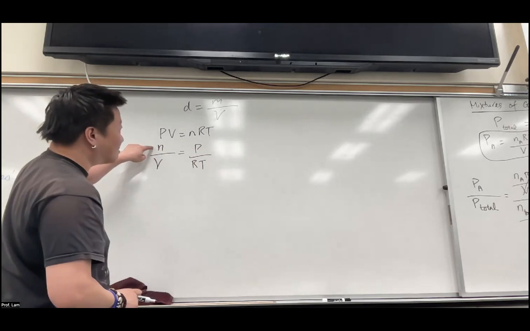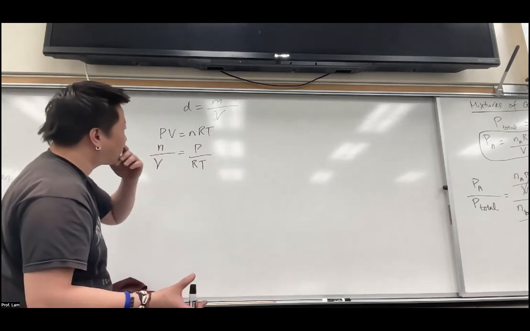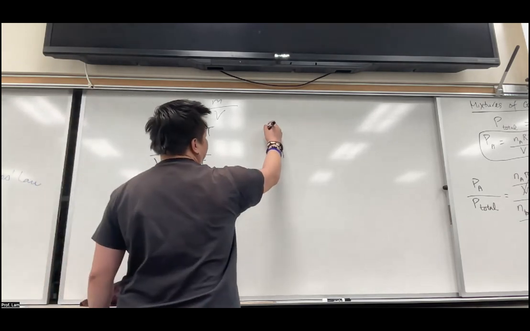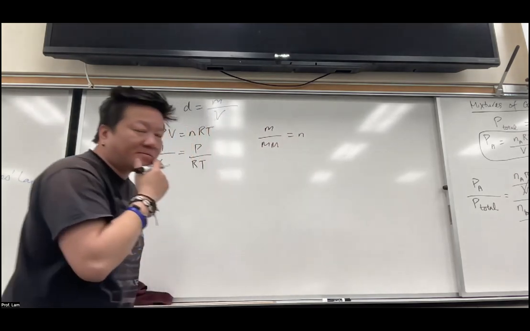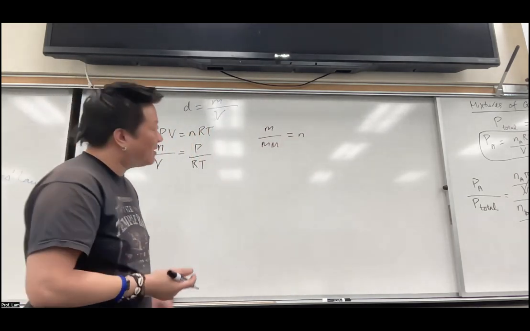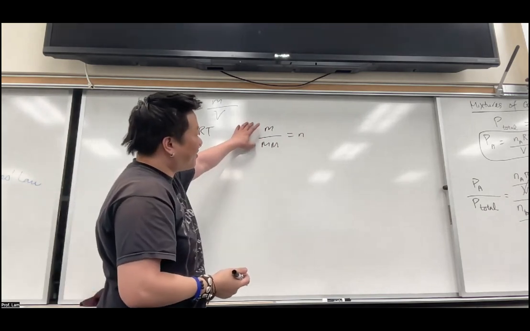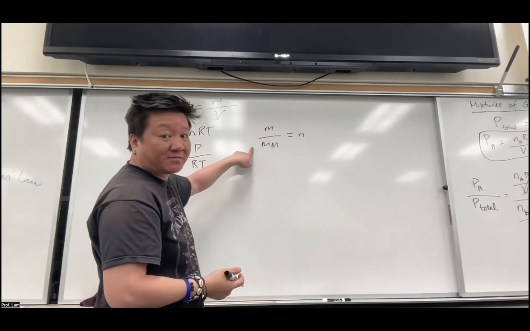So how are moles and mass related? If we take mass over molar mass, don't we get moles? Isn't that how we do it? We want to convert from grams to moles, we divide by molar mass.